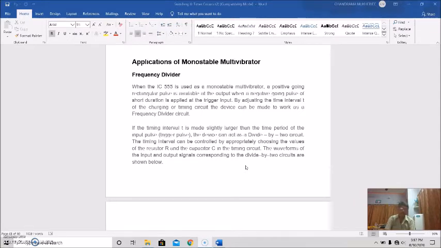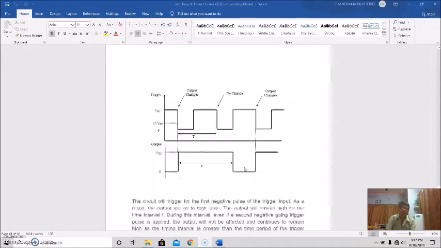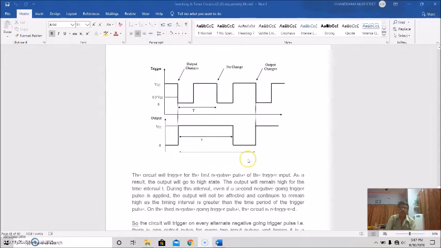As you know, RC is the time constant of the timing circuit, and the waveforms of the input and the output signal corresponding to the divide by 2 circuit are like this. So this is the trigger, this is the output. Output changes here, no change here, again output changes here.